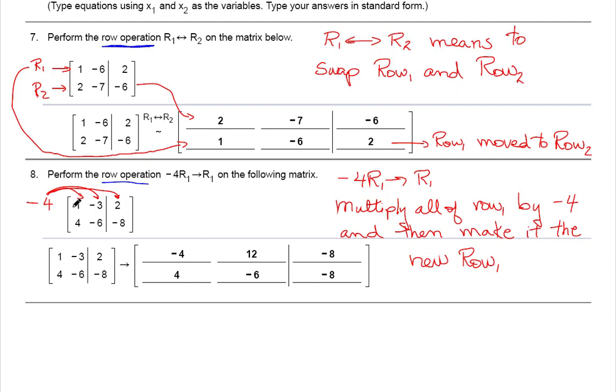So minus 4 times 1 is minus 4, minus 4 times minus 3 is a plus 12, minus 4 times 2 is a minus 8. Notice row 2, nothing happened. This row operation only involved the particular row in question.